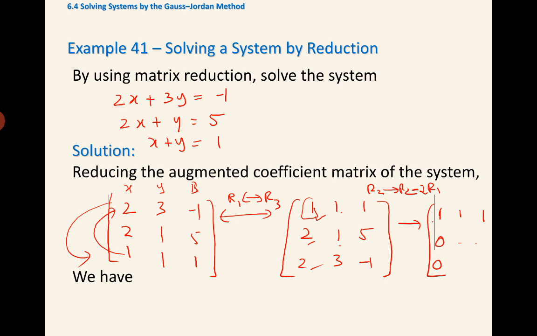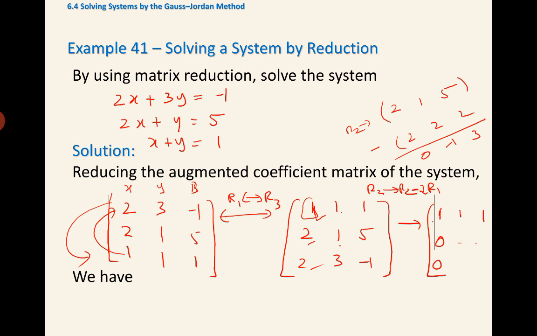What is happening here? The second row R2 is 2, 1, 5, minus 2 times R1. So 2 times R1 is 2, 2, 2. Multiply 1, 1, 1 by 2 and subtract, you get 0, 1 minus 2 is minus 1, 5 minus 2 is 3.